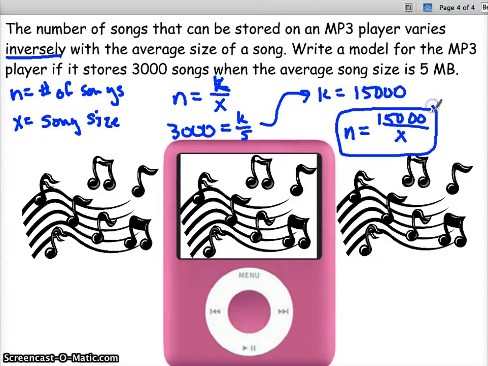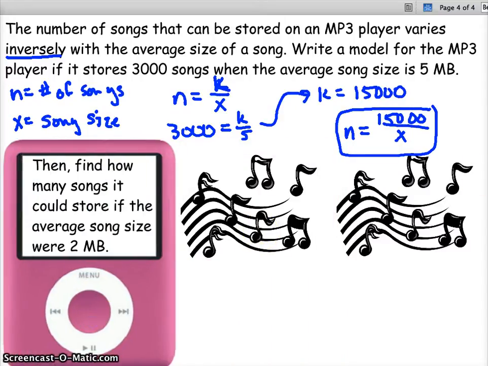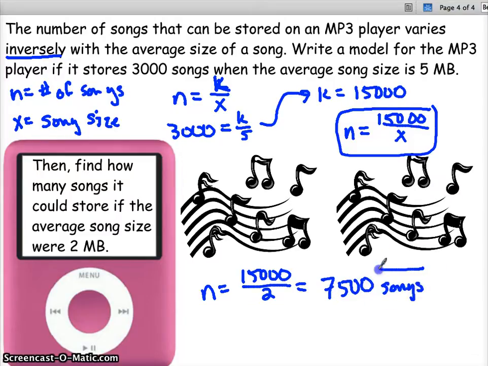And there is our model. Then, many times they're going to ask you to go ahead and use that model to solve an equation. So now, how many songs can I fit? Given that I know k is 15,000 with 2 megabytes in size on average, well, divide the numbers, get 7,500, and you now know that you can have 7,500 songs, assuming that they average 2 megabytes in size.